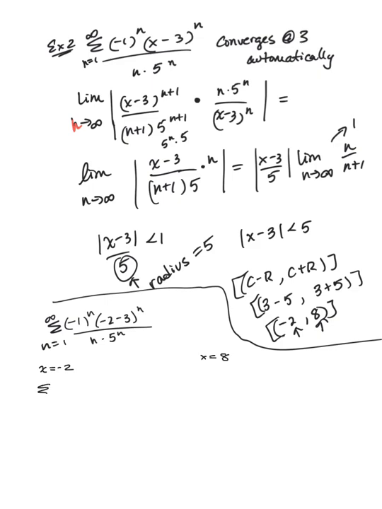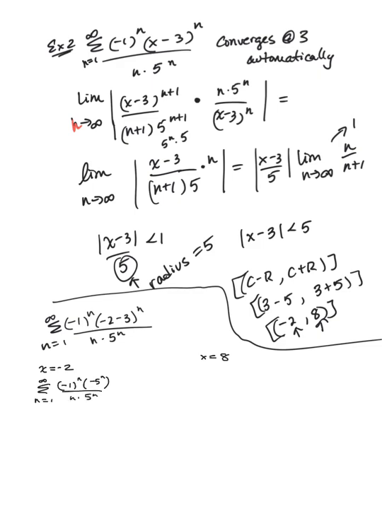For -2, we end up with the series n equals 1 to infinity of -1 to the n times -5 to the n over n times 5 to the n.